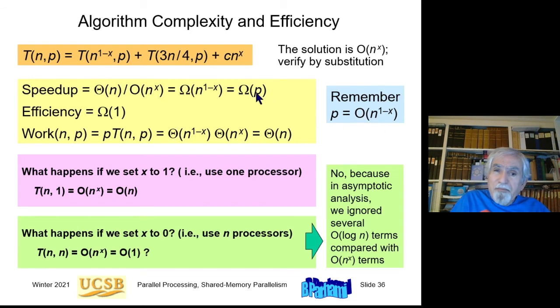And therefore, we have basically linear speedup, which is pretty good. Efficiency is omega 1. The work performed, again, I let you study the justification, is theta n. Therefore, the amount of work performed by the processors is the same as the amount of work used by the sequential algorithm.